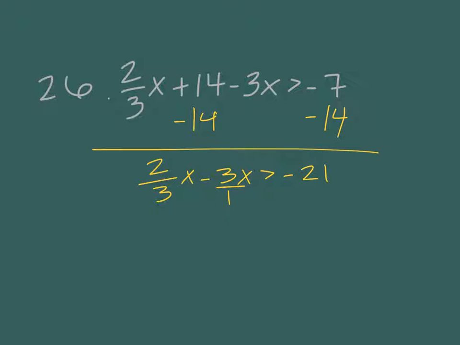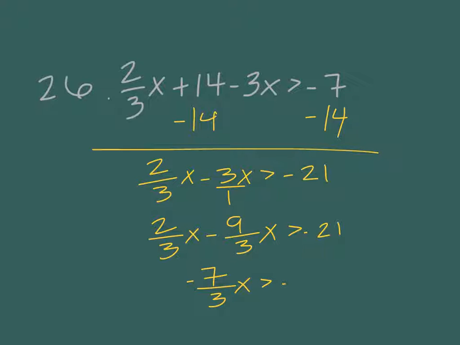The common denominator is 3, so I'm going to get 2/3 x minus 9/3 x is greater than negative 21. So what I did is I multiplied the numerator and denominator of 3 over 1 by 3. And then now that they have the same denominator, I can combine my fractions. So I have 2/3 minus 9/3, which is negative 7/3.